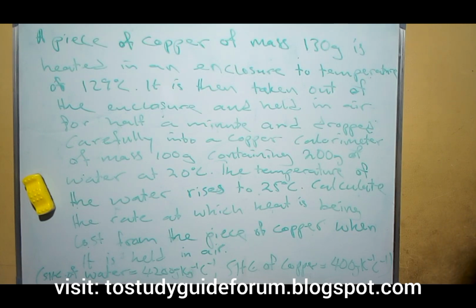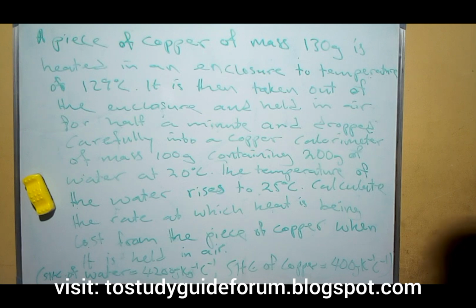It is then taken out of the enclosure and held in air for half a minute and dropped carefully into a copper calorimeter of mass 100 grams containing 200 grams of water at 20 degrees Celsius. The temperature of the water rises to 25 degrees Celsius. Calculate the rate at which the heat is being lost from the piece of copper when it's held in air.